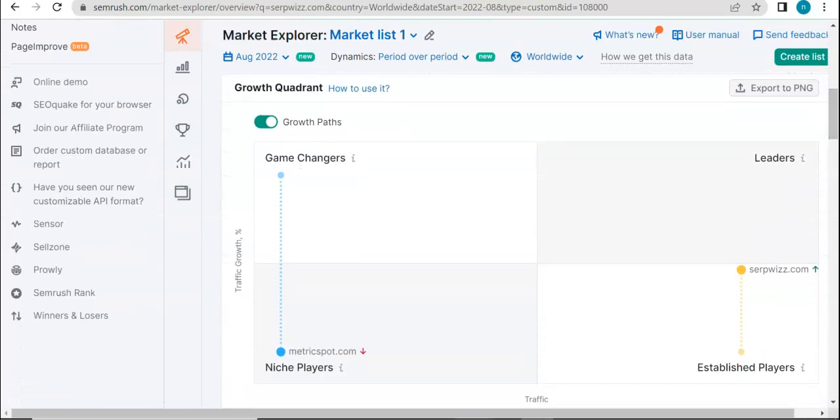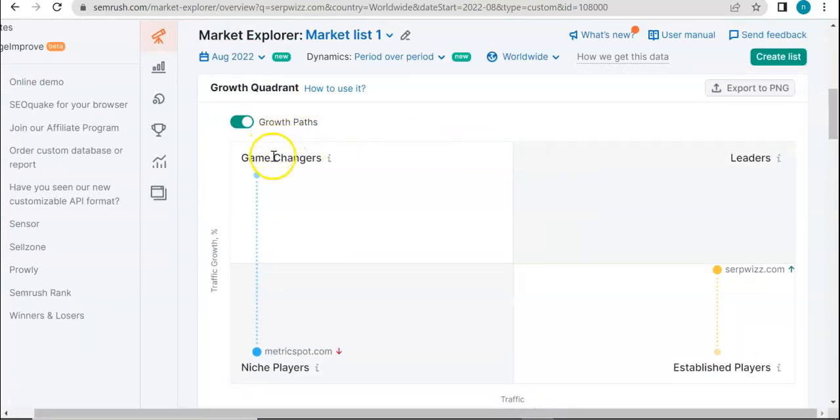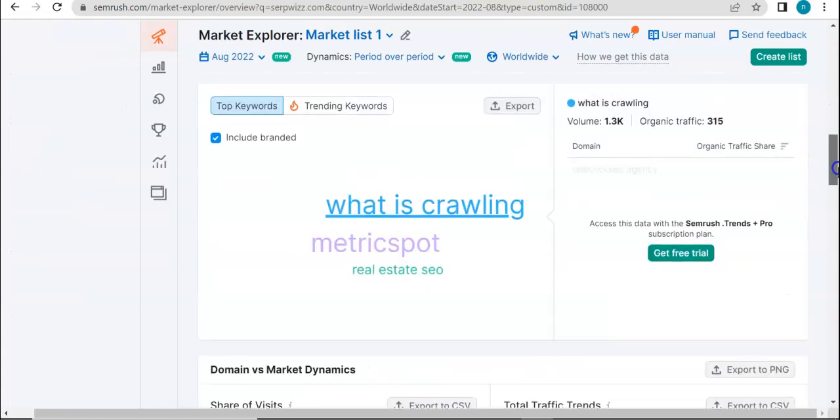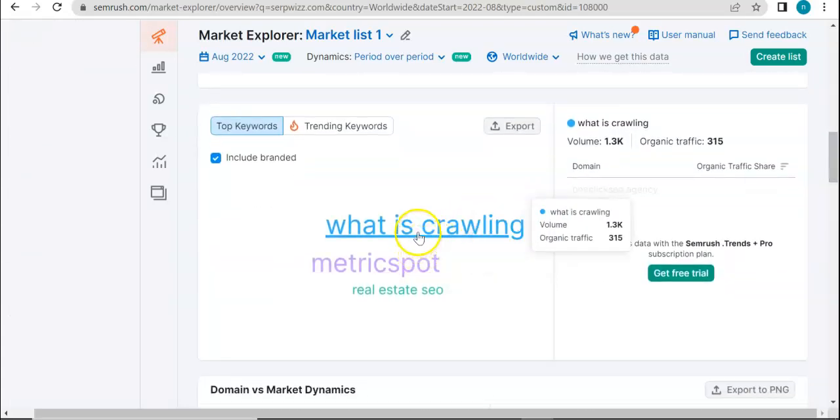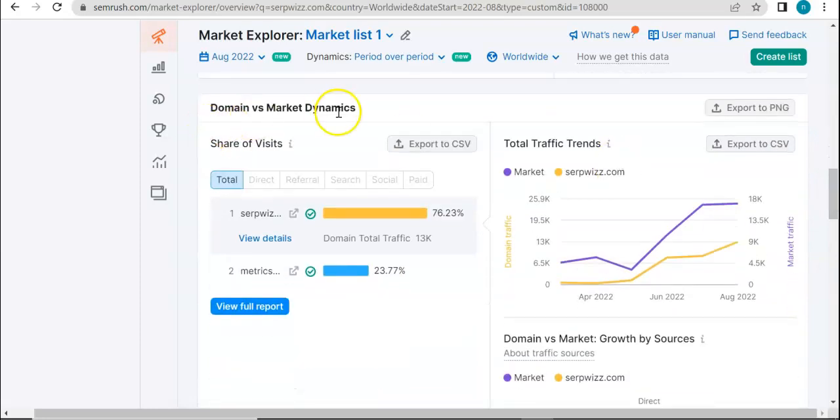Growth quadrant. So you see all these different metrics and categories. And then top keywords, what is crawling. So this is the number one keyword that is popular within those pages, as well as these ones. Domain versus market dynamics, pretty much showing you the share of visits, with the following results.